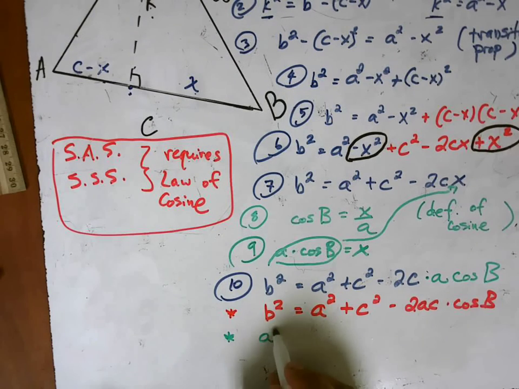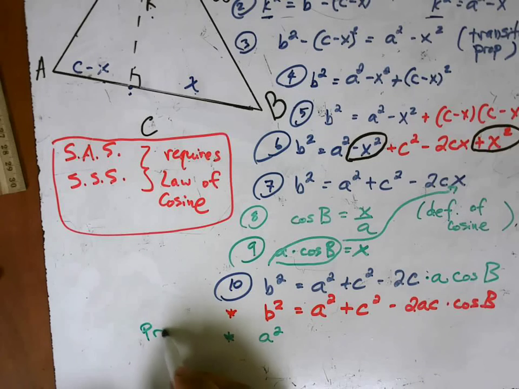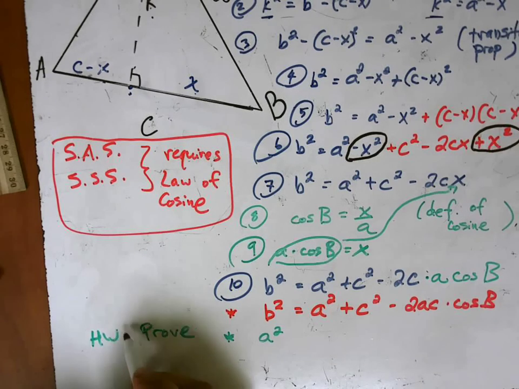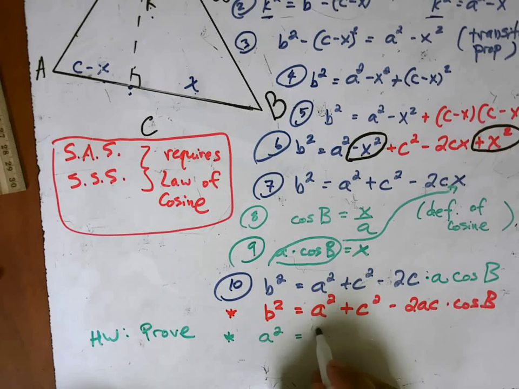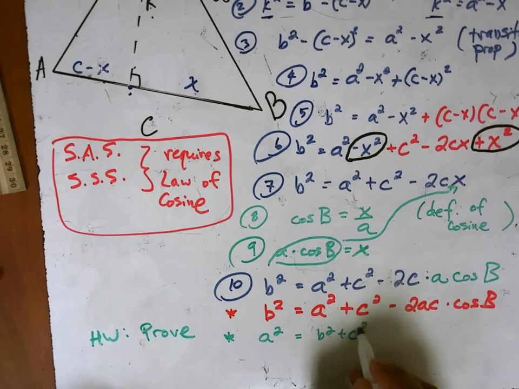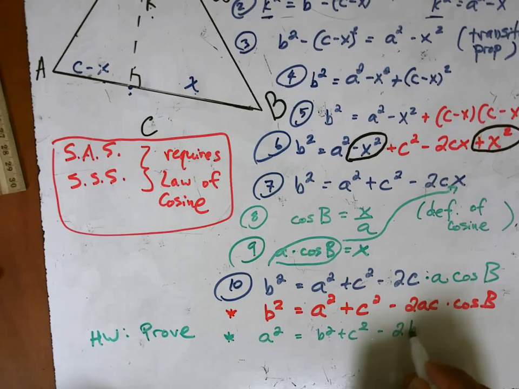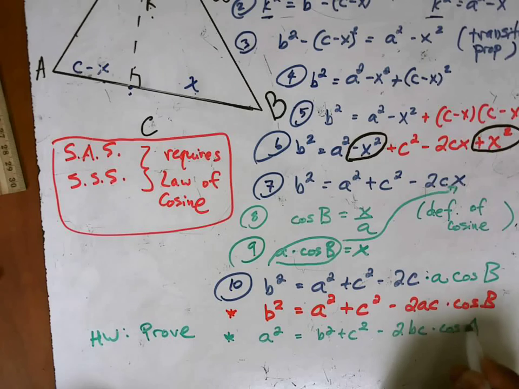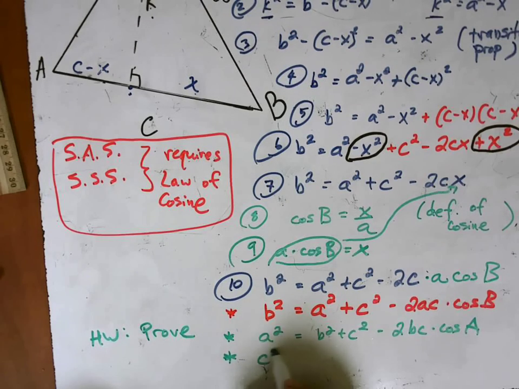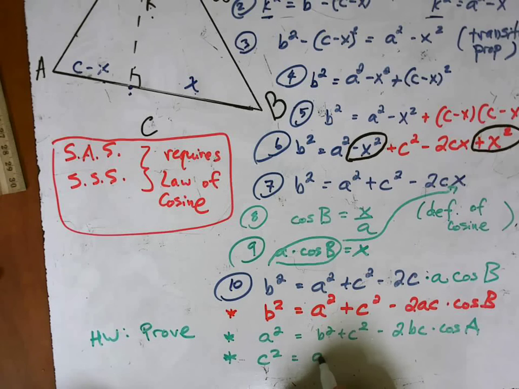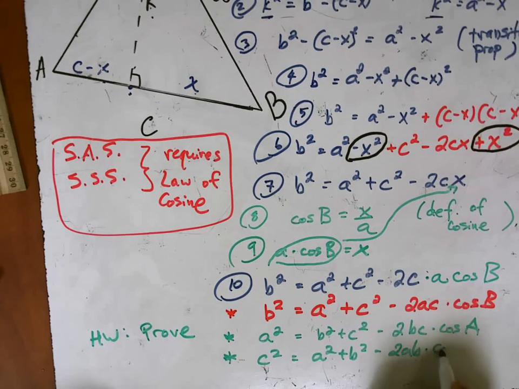We'll call this your homework: prove that a squared is equal to b squared plus c squared minus 2bc times the cosine of A, and also to prove that c squared is equal to a squared plus b squared minus 2ab times the cosine of big C.